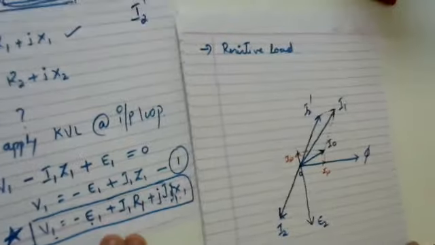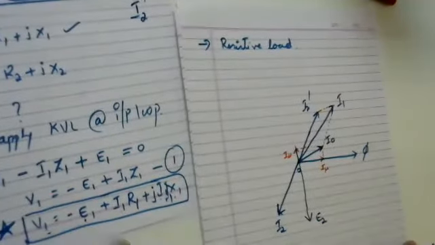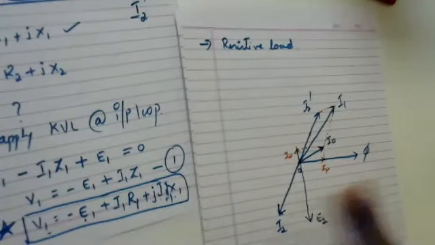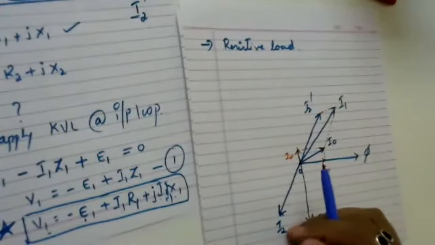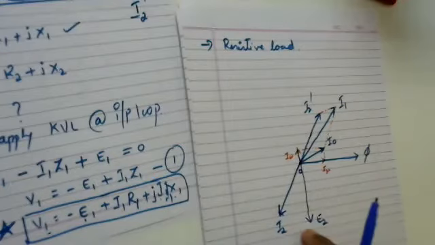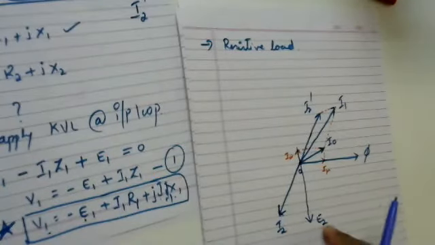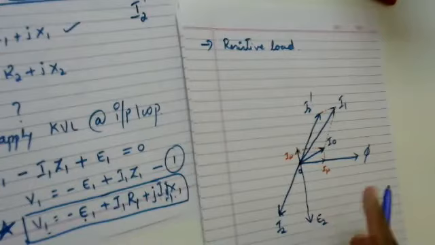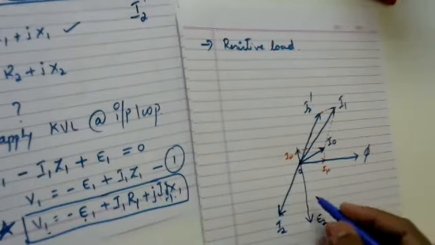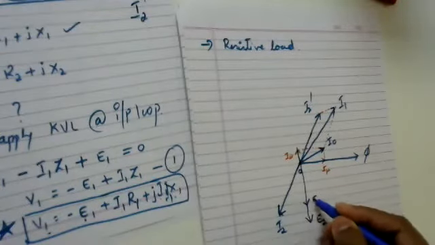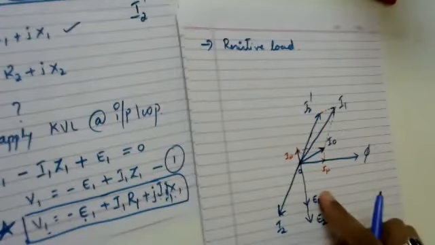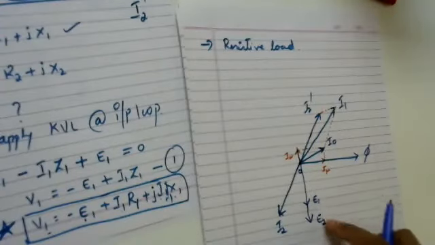Now, in order to get this minus E1, first I need to have my E1. So where is my E1? Let me assume that this transformer is a step up transformer. So if this is the secondary voltage, where will be my induced primary voltage? Let me say this will be my E1, because if E2 is greater than E1, it indicates a step up transformer.